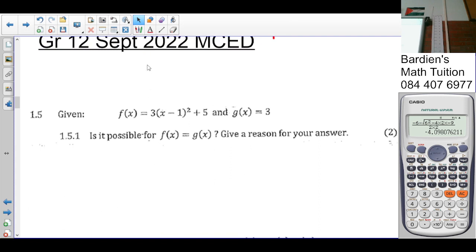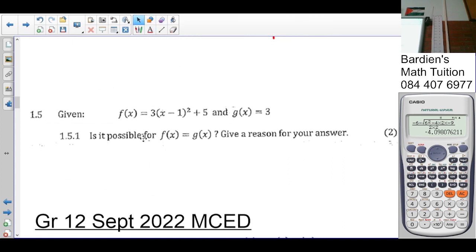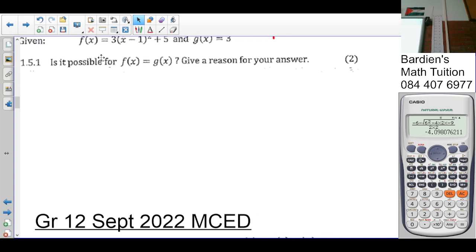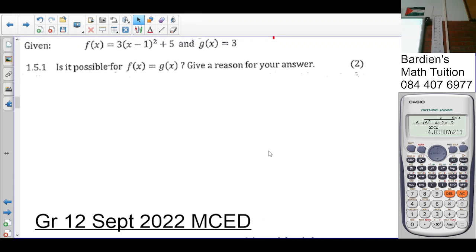Question 1.5. It says, given f of x equals 3 into (x minus 1) squared plus 5 and g of x equals 3, is it possible for f of x to be equal to g of x? The answer is no. Why? Because if you look at the parabola, this is positive, so the parabola is smiling.